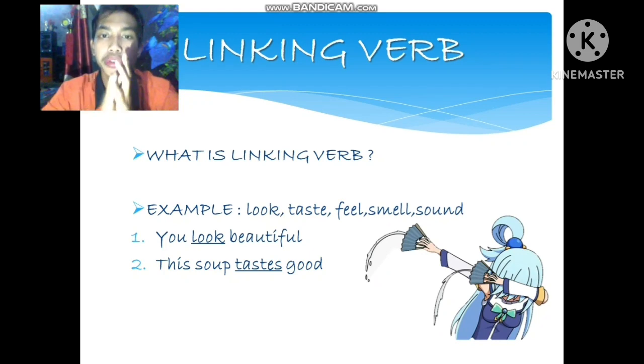You look beautiful. Beautiful in here is an adjective. And the second example is this soup tastes good. Good in here is an adjective. Look and taste are examples of linking verbs. So this verb needs an adjective.